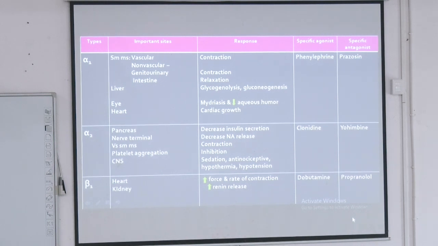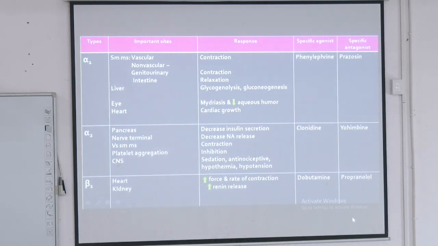Mainly all the vessels are constricted, as for example those supplying the liver, spleen, and kidney, all are constricted. The vessels supplying the cutaneous region are all constricted here. But the major blood vessels also contract, along with large veins, such as the saphenous vein.